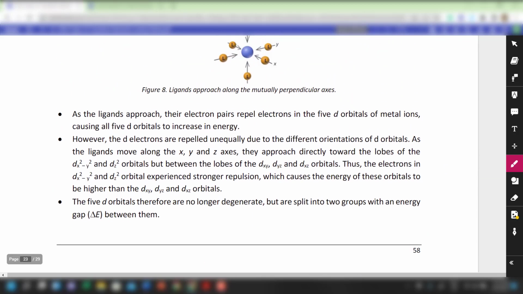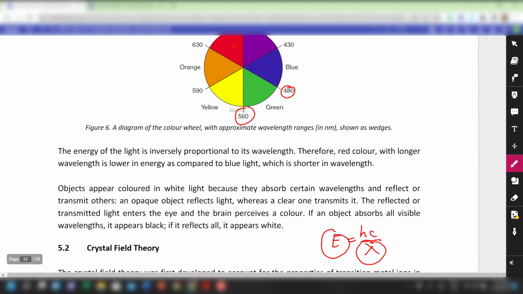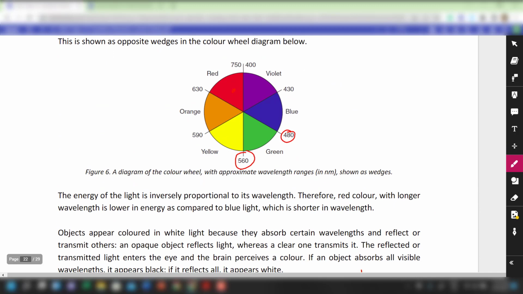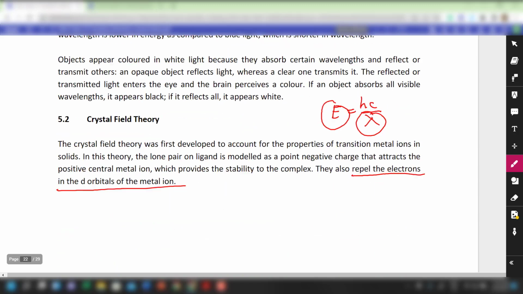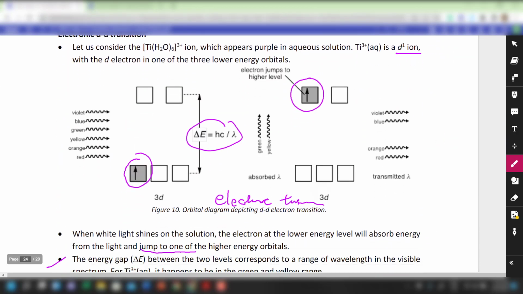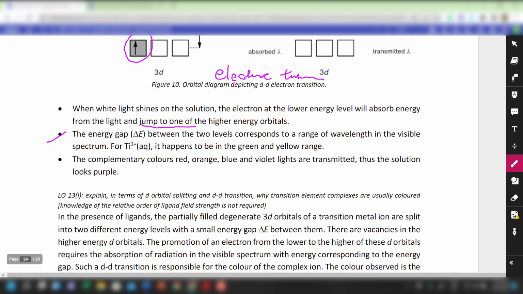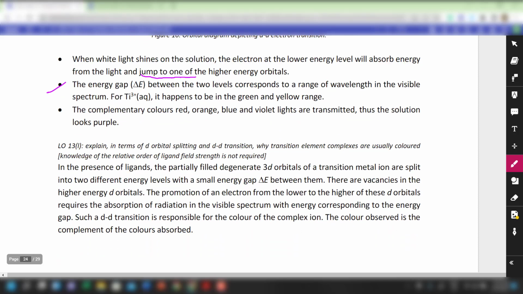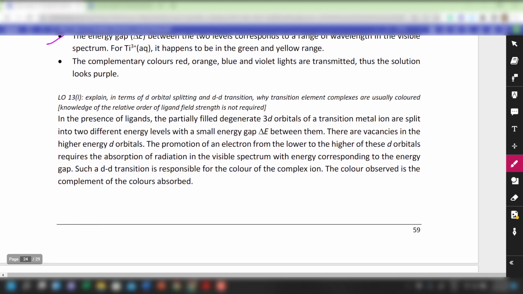If I go back to the color wheel, if it is in the green-yellow region, then the complementary color is violet, so that's why it appears as violet. If you ask me, is it important to remember the color wheel, I would say not the most important, but it will be good to remember it. It's easy to remember the rainbow colors, and I hope the rainbow colors can help you remember the color wheel.